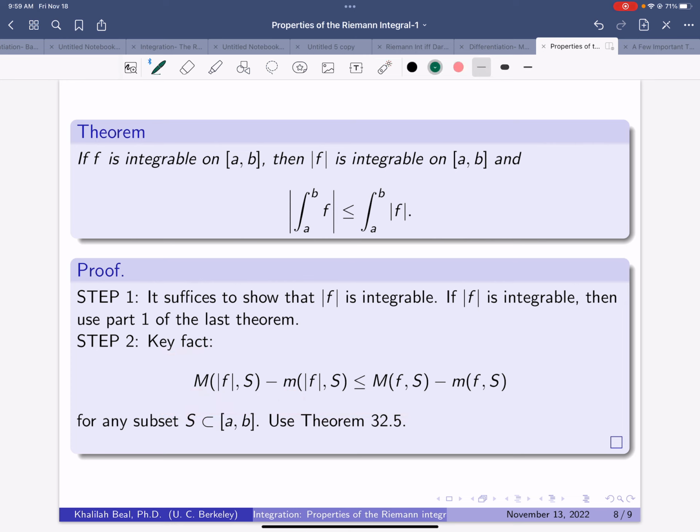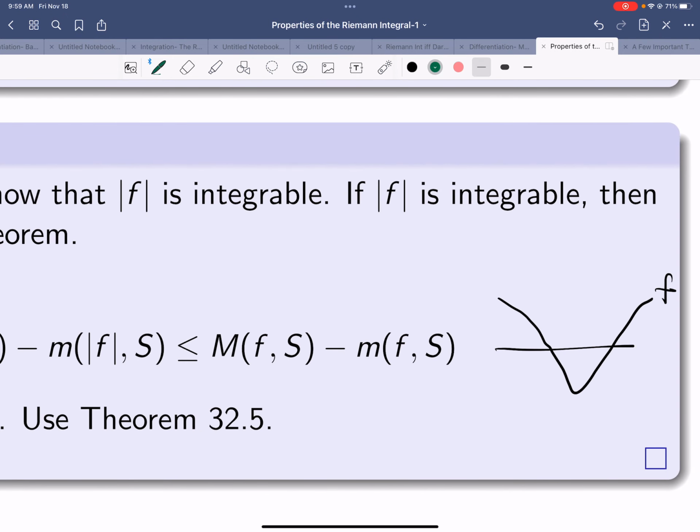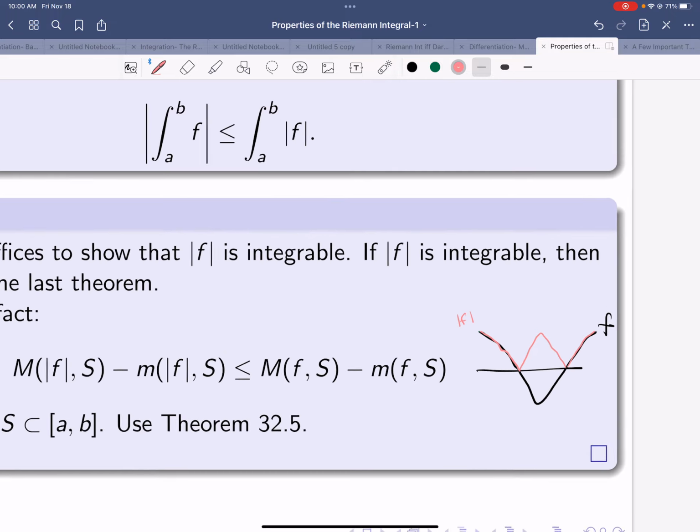I'm going to draw f in black, and the absolute value of f in pink. So I use the positive values if f is bigger than or equal to 0, and then I'm just going to flip the negative parts so it'll be like that, right? So absolute value of f is in pink and f is in black.